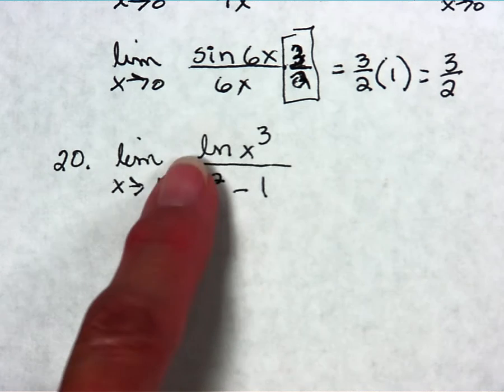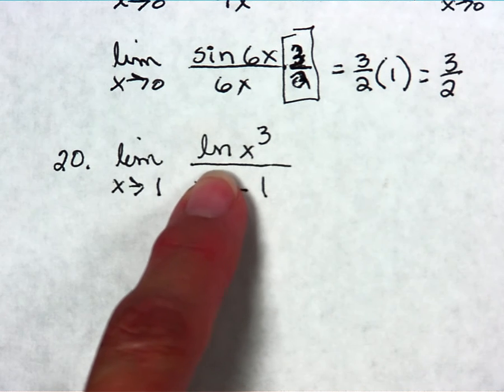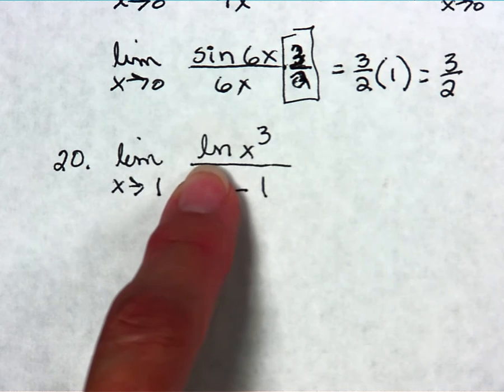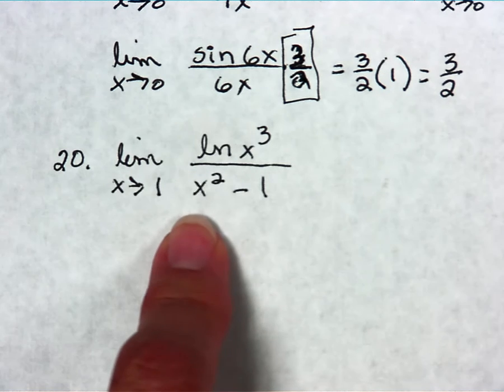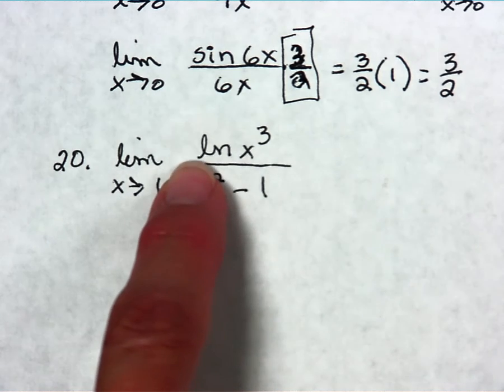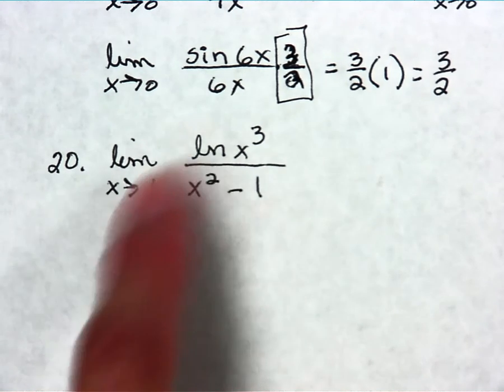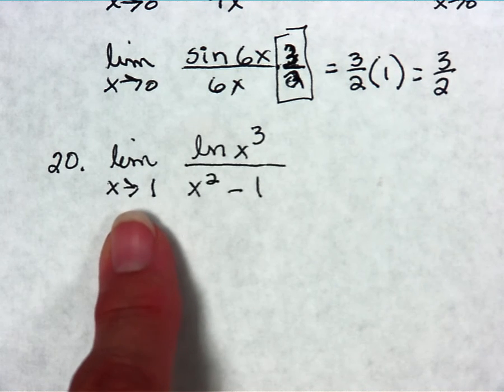Can't use direct substitution. If I put a 1 in the numerator, I get what? Natural log of 1 is 0. Put a 1 in the denominator, and I get 0. And that's what makes me think, hey, I might be able to do this with L'Hopital's rule. Is the numerator differentiable close to 1? You know what natural log looks like?